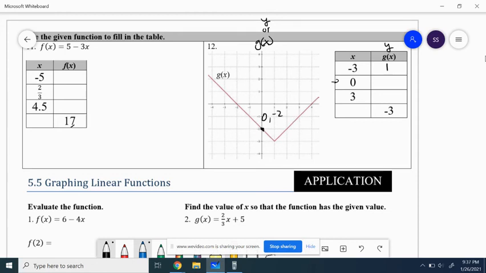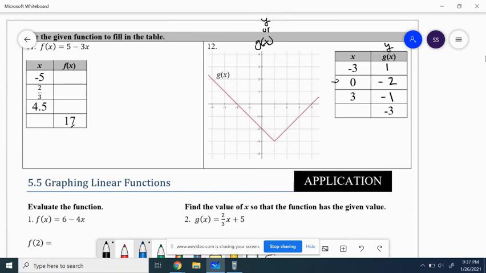So when x is 0, y is -2. All right. What about +3? When I go to +3 on the x-axis, that's right here, and I find the function right there. This is 3, -1. So -1 is my y coordinate.